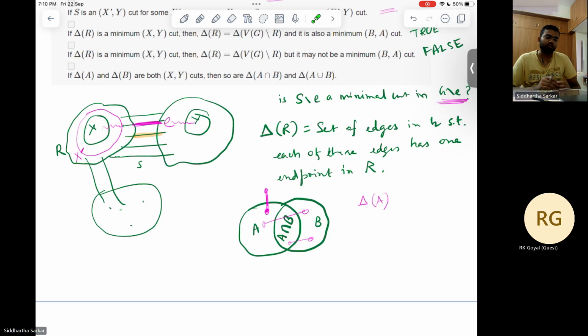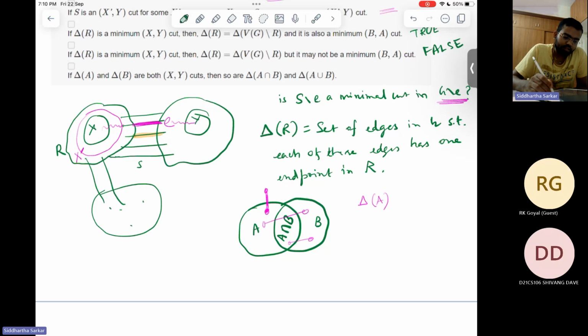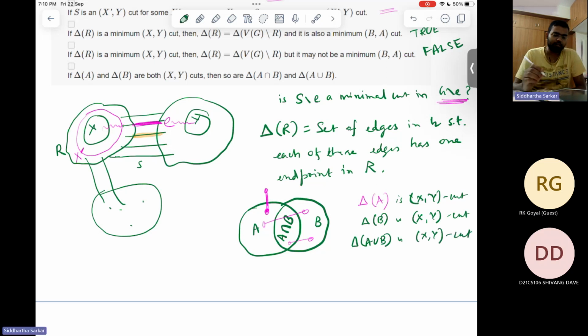And we want to argue that, first you said that it is clear to you that delta A is an XY cut, and delta B is an XY cut, immediately implies that delta of A union B is also an XY cut. So let us see.